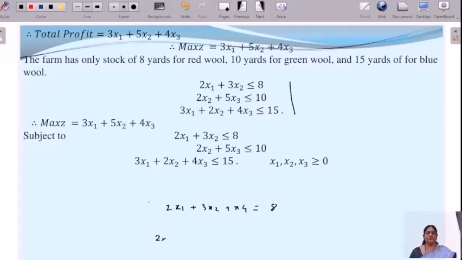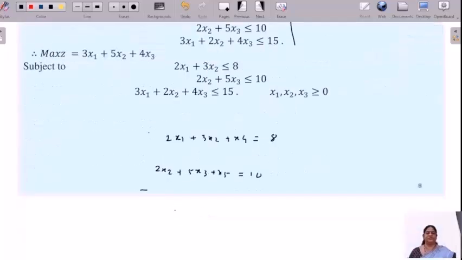Next, 2x2 plus 5x3 plus x5 is equal to 10, and last one is 3x1 plus 2x2 plus 4x3 plus x6 is equal to 15. All the variables xi are greater than or equal to 0, i from 1 to 6.